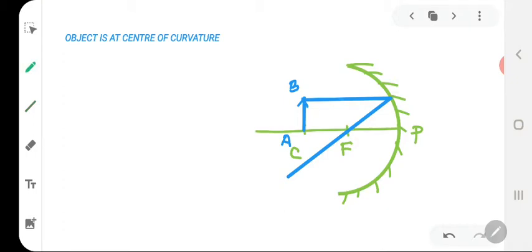Let's mark the arrowheads. And the second one, which is passing through the focus, becomes parallel to the principal axis after getting reflected. Again, let's mark the arrowheads.